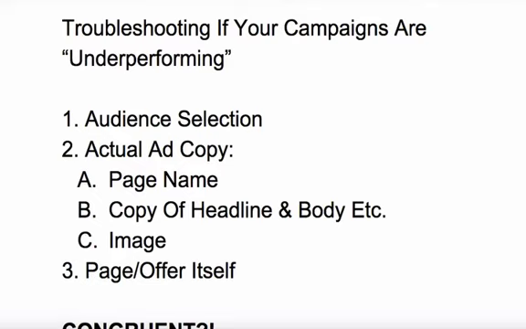So the page name and the profile image for the page as well, that needs to be congruent to your audience. Part B of number two is the copy in the headline and the body, etc. It needs to call out to the audience that you've selected. So if you're targeting renters in a specific zip code or town or city, if you're targeting homeowners in a specific city or town or zip code, it needs to call them out in the copy.